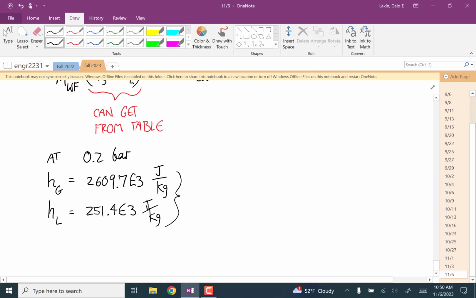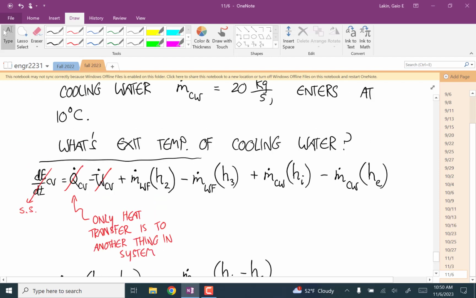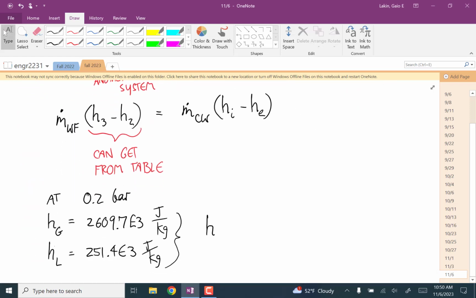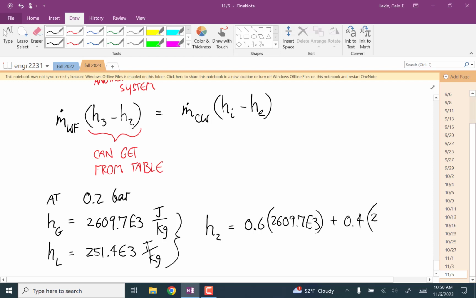And so since we know the quality, we can figure out the specific enthalpy coming in. So that at state 2 is 0.6 times 2609.7 times 10 to the third plus 0.4 times 251.4 times 10 to the third.